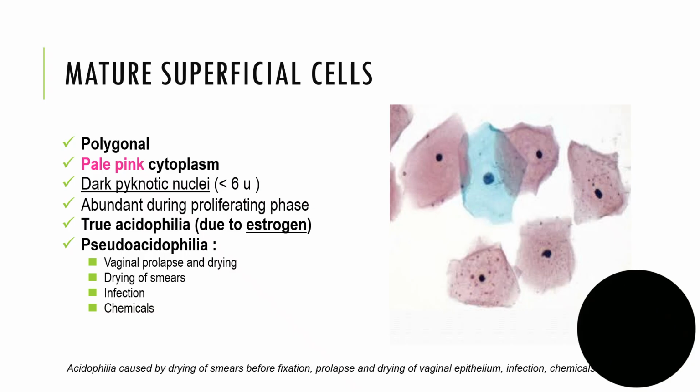However, there is also a condition called pseudoacidophilia, or false pink staining, which can occur in several situations. We have vaginal prolapse, drying of smears before fixation, infection, and exposure to chemicals. These conditions can make immature cells look artificially pink, leading to misinterpretation. So you need to always correlate with the clinical context.